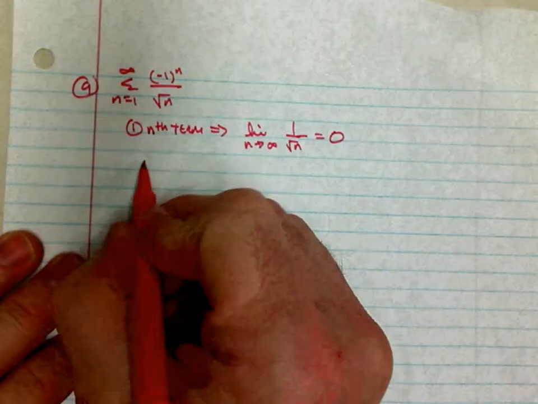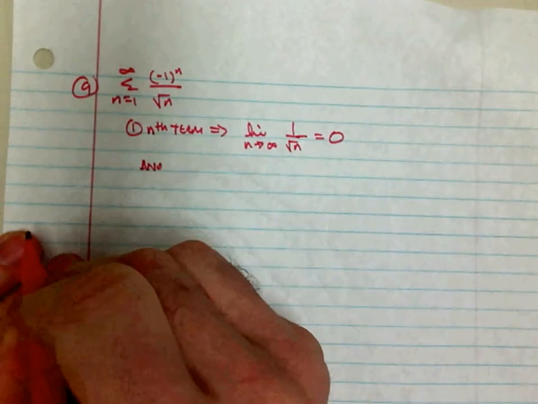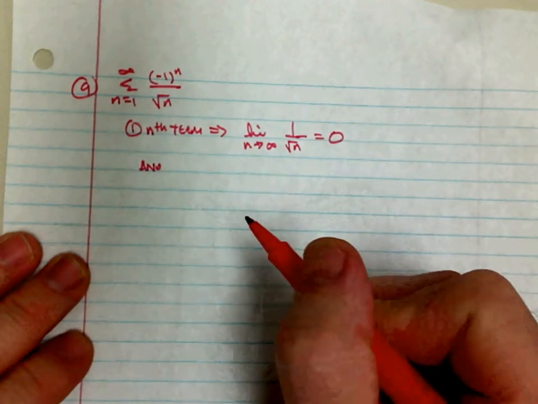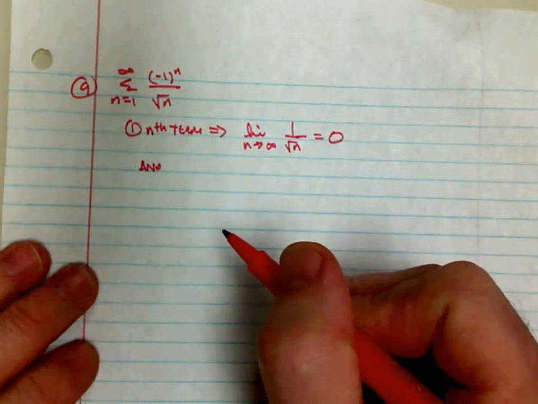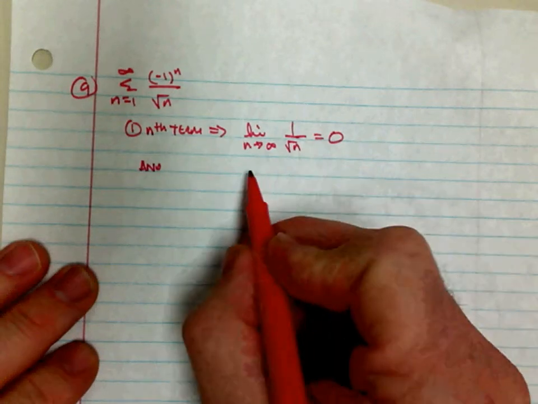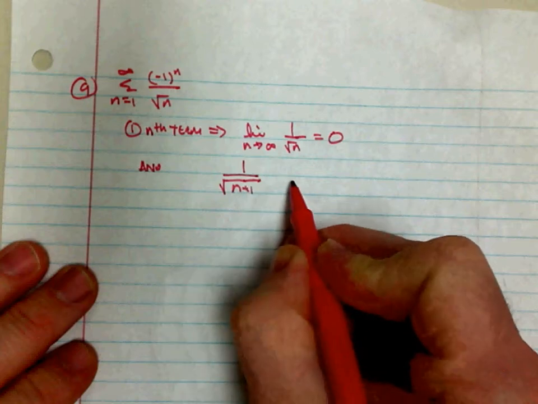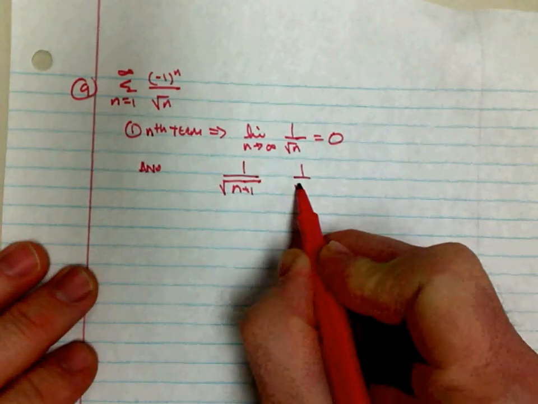And the next thing we need to do is look at our terms to see that the next term is always less than the previous term. So let's compare the square root of n plus 1 to the square root of n.